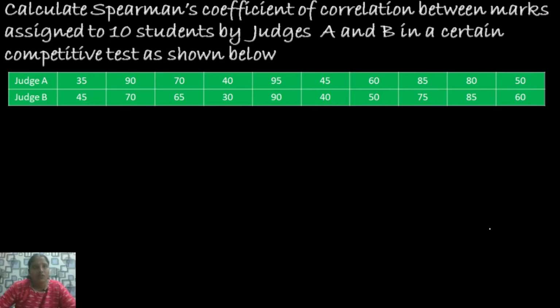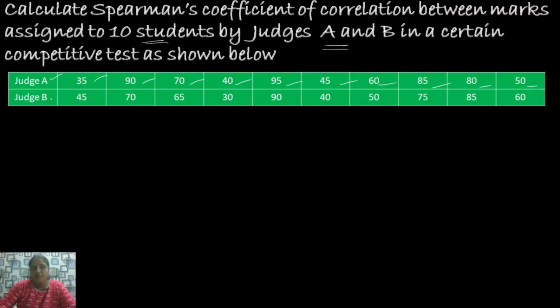Let me now move on to an example. Calculate Spearman's coefficient of correlation between the marks assigned to 10 students by two judges A and B in a certain competitive test as shown below. Marks given by Judge A are 35, 90, 70, 40, 95, 45, 60, 85, 80, 50.